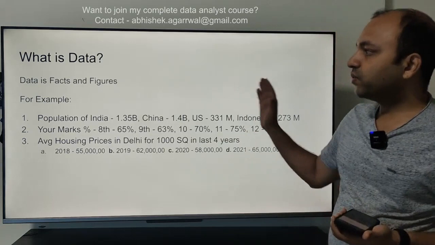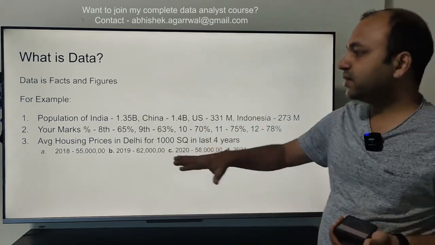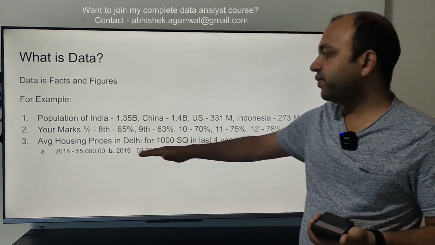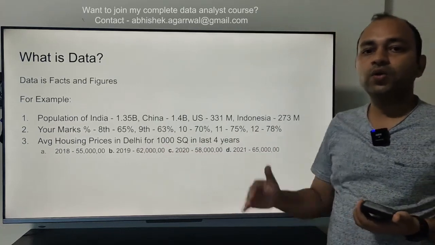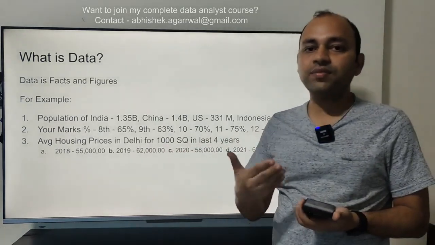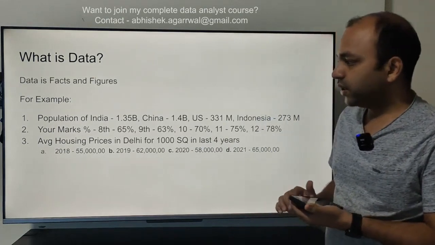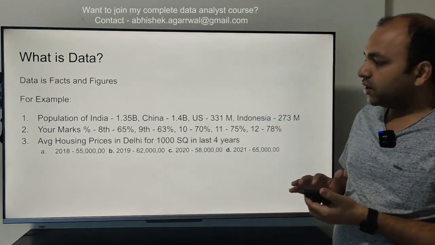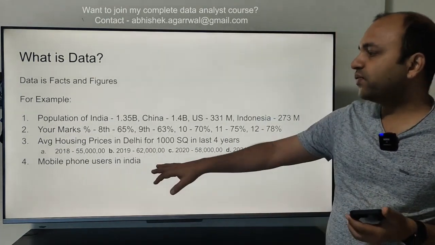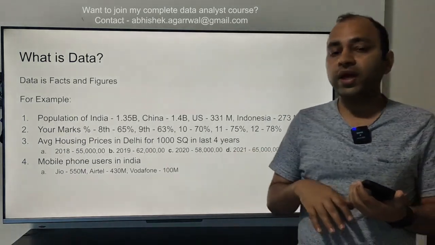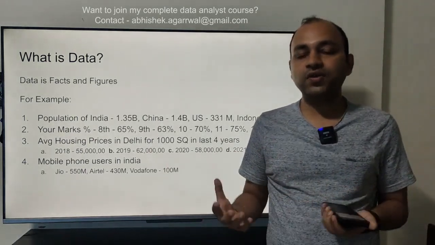But from the perspective of this slide, data is you have your facts and figures together, where you can take the help of this and make an investment decision, right? Now the next example I have for you is mobile phone users in India. Every country has various different mobile operators.